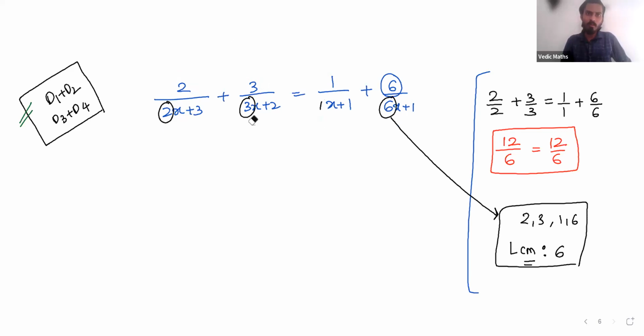We have to focus on two points. The numerator should be the same, that is the one point we have to consider. Why we make the numerator the same: after doing cross multiplication, we have to get the same result on both sides so that we can apply this condition.